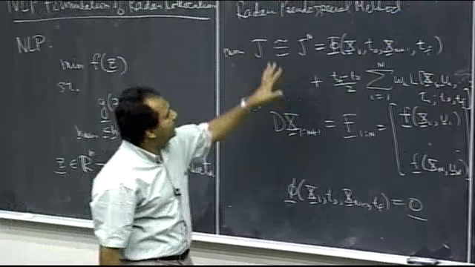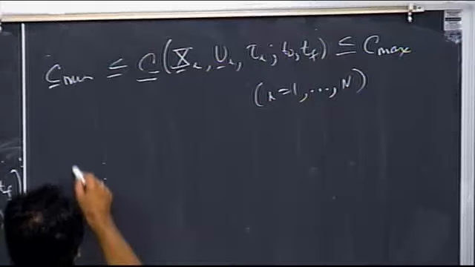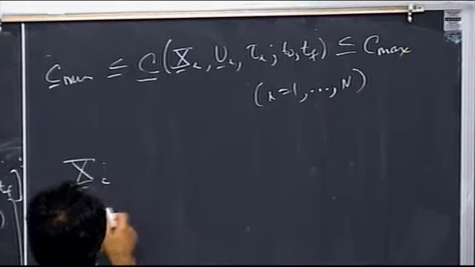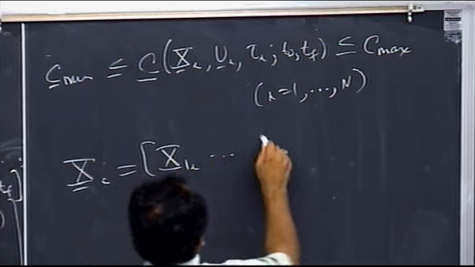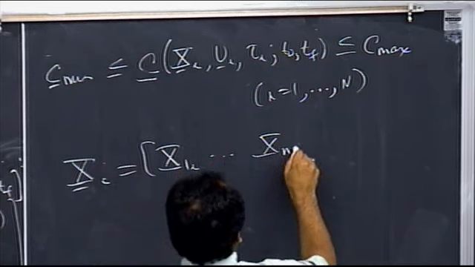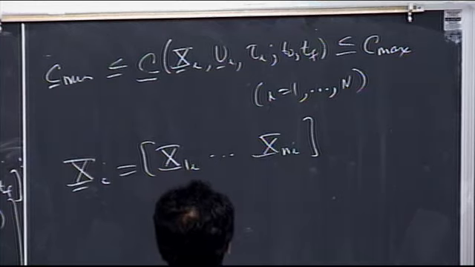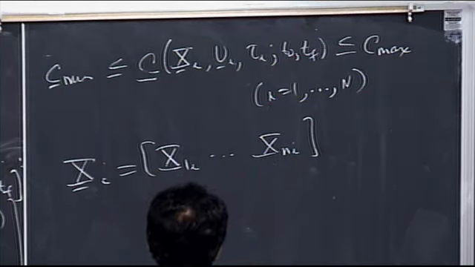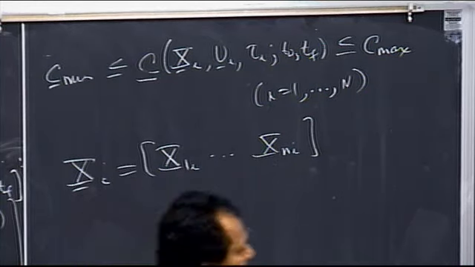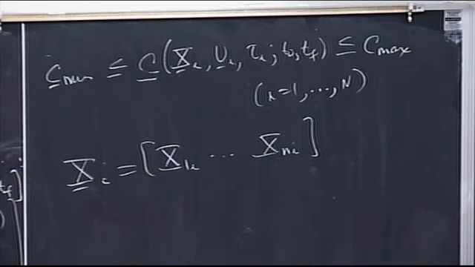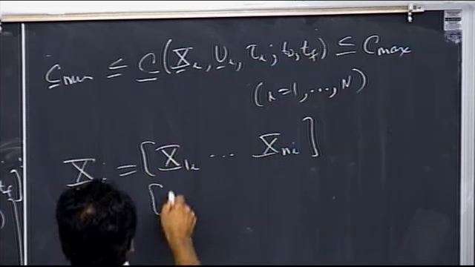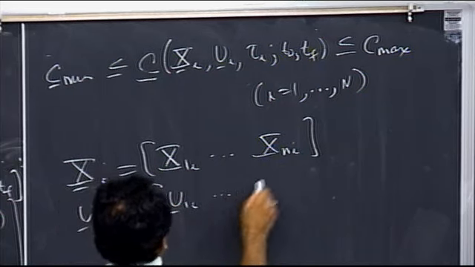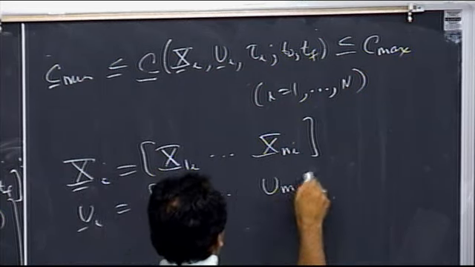Because clearly these vectors, remember the way I define these things, xi is the approximation to the state at each of these points, right? Where these are scalars. Remember that these approximations come from the fact that I'll do the same thing for ui. Ui equals u1i up to umi, right?